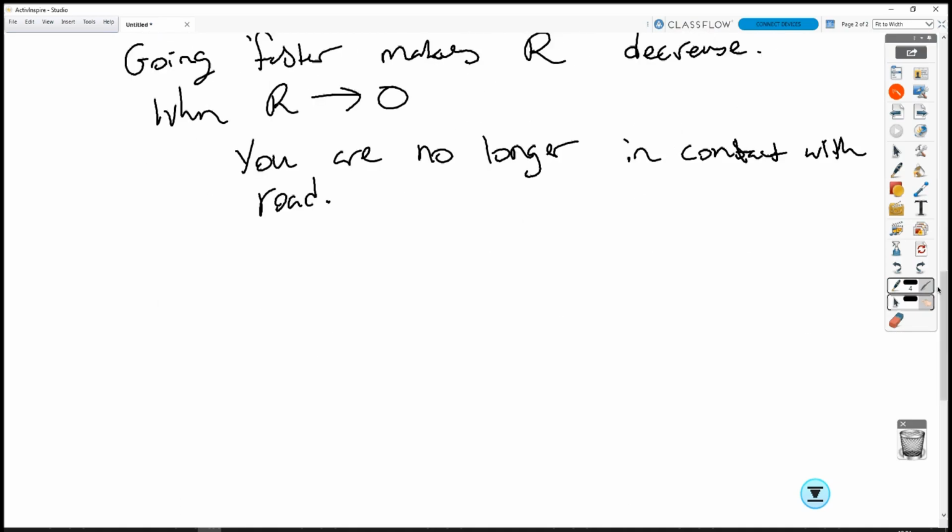So at takeoff, you've got mg minus R, but R has become 0. So mg is equal to mv squared over r. So g equals v squared over r.